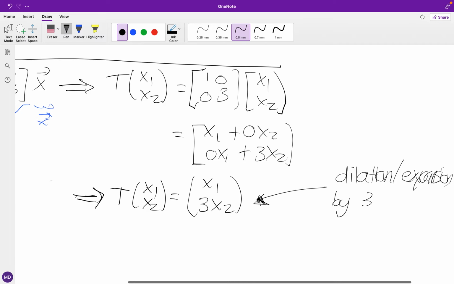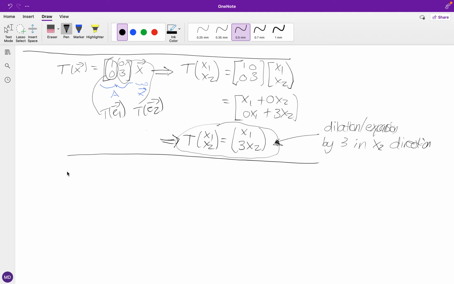Okay, so just to continue here on our linear transformation, we talked about a linear transformation represented by the matrix 1, 0, 0, 3, which is our A, and that represented a dilation or expansion by 3 in the x2 direction. So to understand what this might look like geometrically, to take it one step further, let's pick some input vectors.